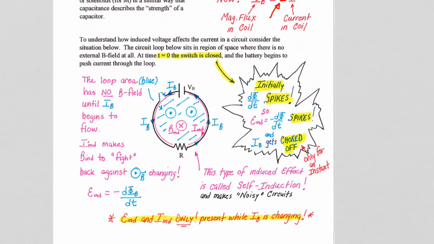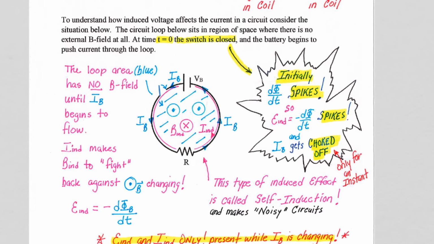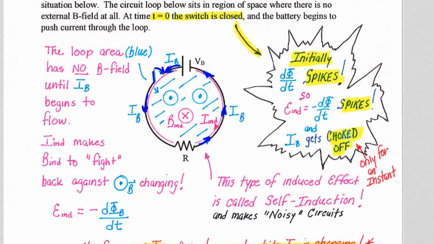The first thing I would like you to do is just focus, just write in the blue current I sub B that begins to appear right at time t equals 0 when the switch is closed. We go from no current I sub B to now having current I sub B. And when the current, B for battery, from the battery begins to flow, we will get a B field generated in the area that the coil or loop makes.